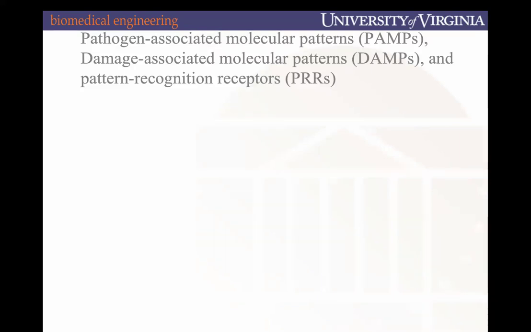We also have damage-associated molecular patterns, called DAMPs, which emerge in response to tissue injury. An analogy I like is to think of DAMPs as a flare gun to alert the body that there's a tissue injury going on. PAMPs and DAMPs are recognized by pattern recognition receptors, or PRRs.